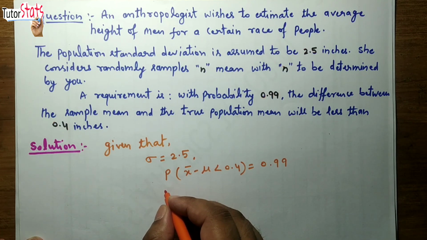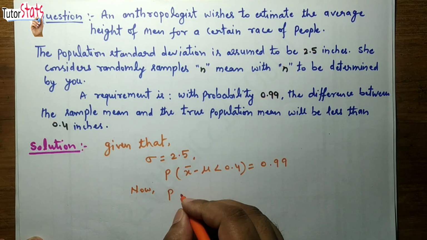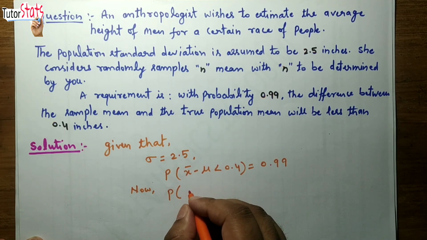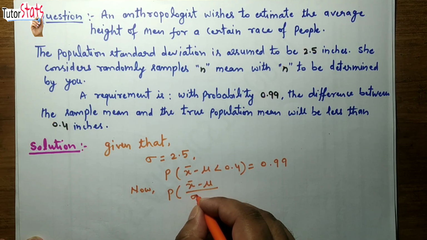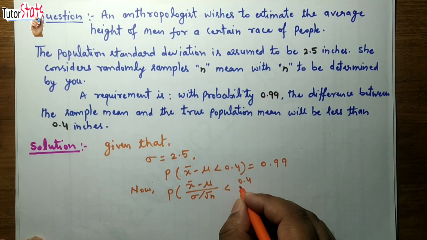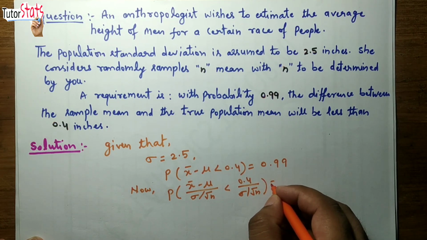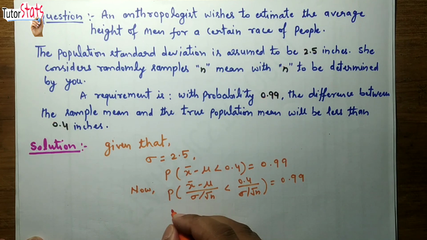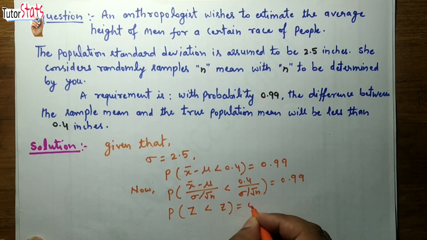Okay, now we will convert this expression into a z-score by dividing by sigma over root n. Similarly here, the probability that the z-score is less than the small z is equal to 0.99.